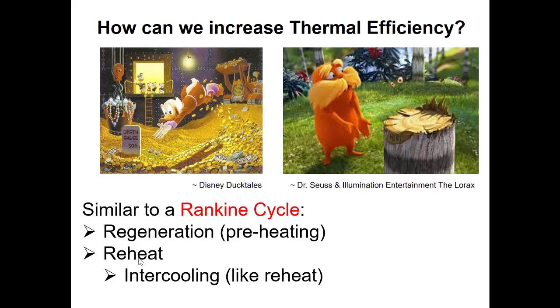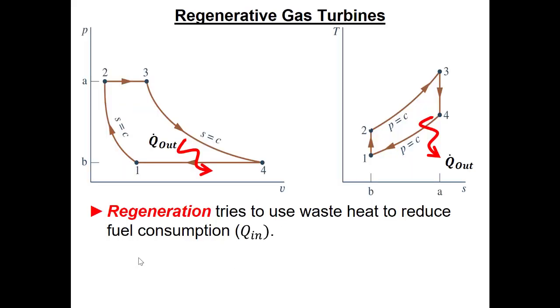We talked last time about how backwork ratios were higher in these Brayton cycles when we're using air, right? It takes more work to increase the pressure of a gas than a liquid because it's compressible. So here what we do is we go through a low pressure compressor and then we cool the fluid down and then we go through a high pressure compressor. So intercooling is kind of like reheat. It's just on the opposite side, when we're compressing the fluid. So regeneration is what we'll talk about first.